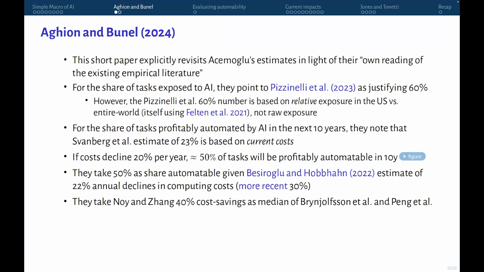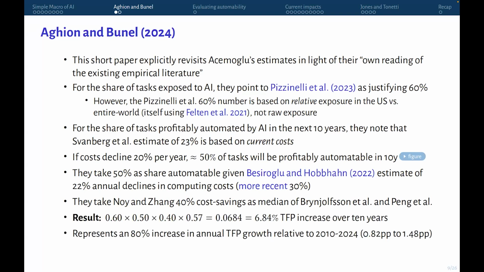And then Aghion and Bunel, instead of averaging Nguyen-Zhang and Brynjolfsson, just say Nguyen-Zhang is the median of Brynjolfsson and Panganol, so we're going to use 40% cost savings. Then just using this method, you get a 6.84% TFP increase over 10 years, so almost an order of magnitude larger. This isn't a huge number, but it would be a very meaningful gain in TFP growth, relative to the 2010 to 2024 baseline TFP growth. This would be an 80% increase.